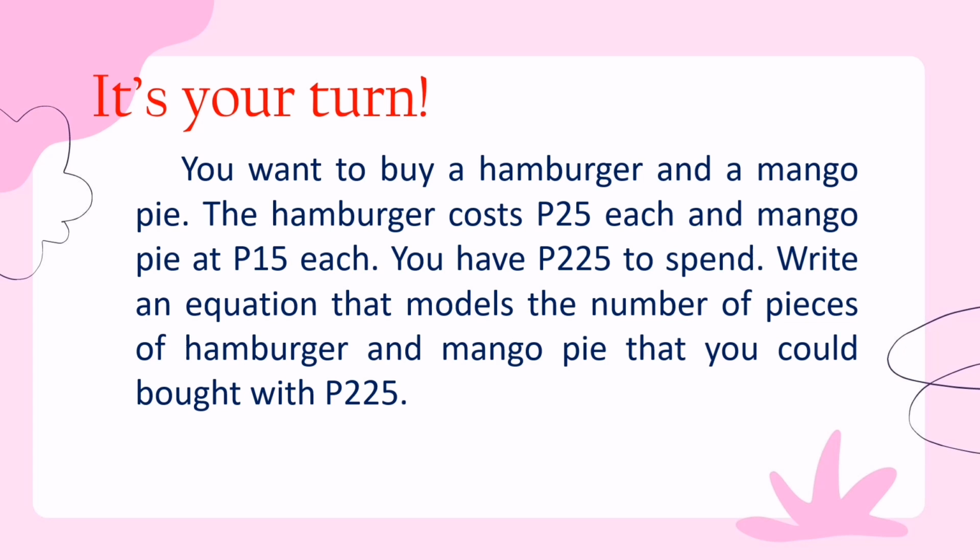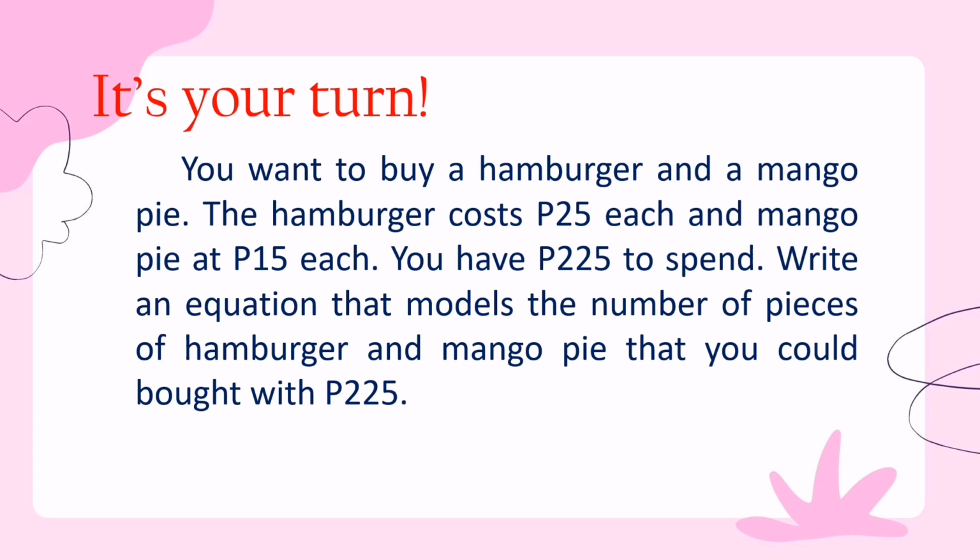You want to buy a hamburger and a mango pie. The hamburger costs 25 pesos each and a mango pie 15 pesos each. You have 225 pesos to spend. Write an equation that models the number of pieces of hamburger and mango pie that you could buy with 225 pesos.